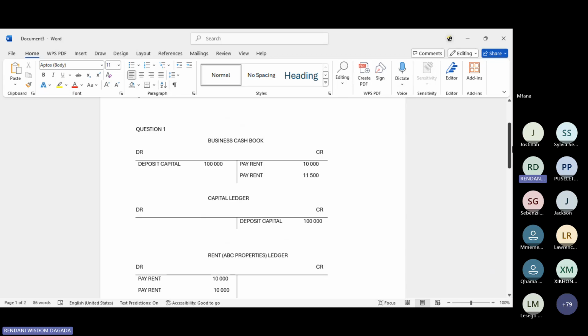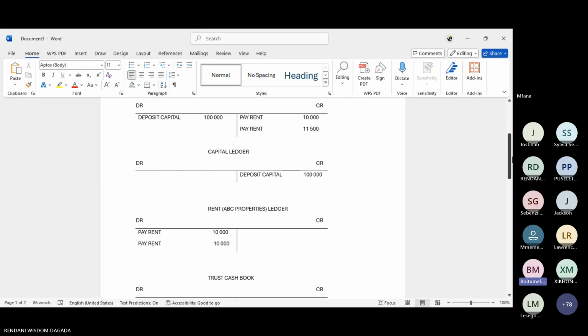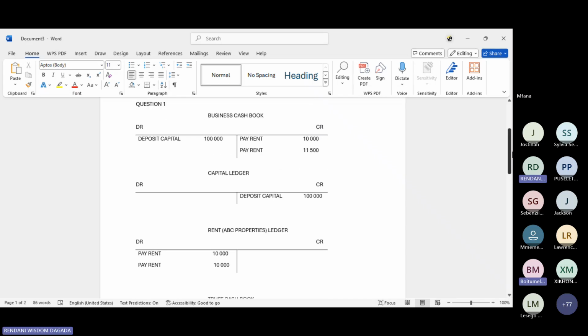Before you proceed, just on this ledger for the rent, it says pay rent 10,000, pay rent 10,000. Were we supposed to put 11,500 for the first one? I'm a bit confused as to why we're having two 10,000s reflecting as the payment for rental.